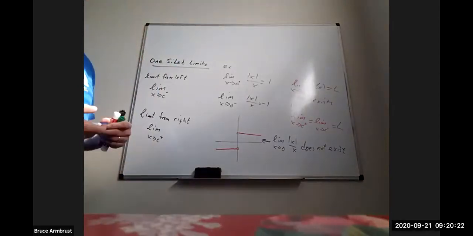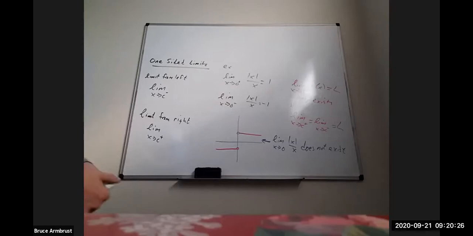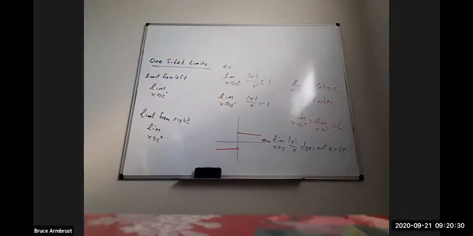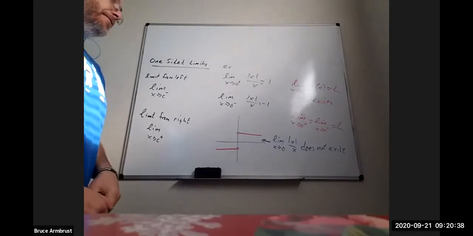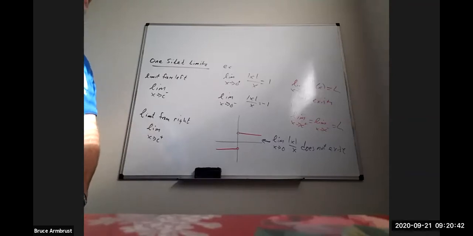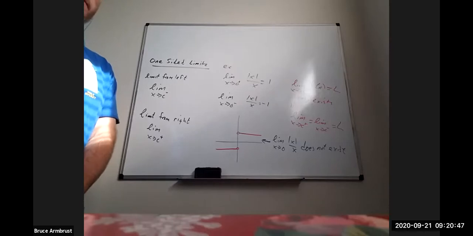And it doesn't exist because we're approaching two different values as we come from the two different sides. So this is something we definitely want to watch out for, because if we're going to try to find limits, sometimes they don't actually exist. And this is one of the ways that they may not exist, if the values are not the same coming from each side.